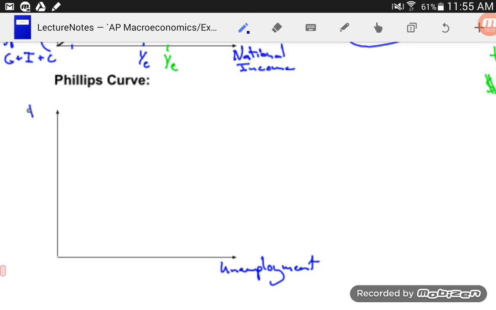And what we see is that in the short run, at higher unemployment rates you're going to have lower inflation, and at low unemployment rates, when everybody's working, North Dakota, you're going to have much higher inflation rates. That's true in the short run.